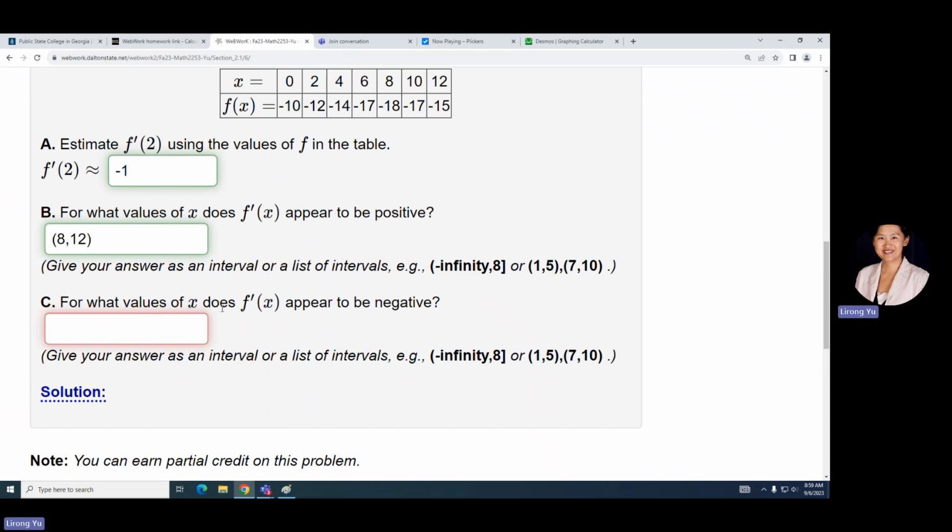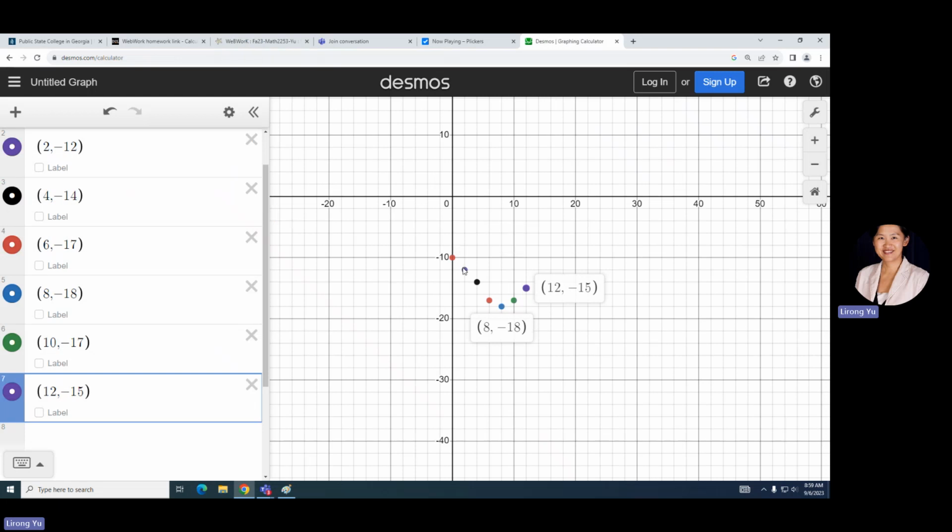Last question: for what values does it appear to be negative? I was a little complaining in my head, where did they say we should enter an interval? Okay, so let's enter the interval. It looks like it's 0, and then it's decreasing all the way into 8. So I would enter 0 to 8.